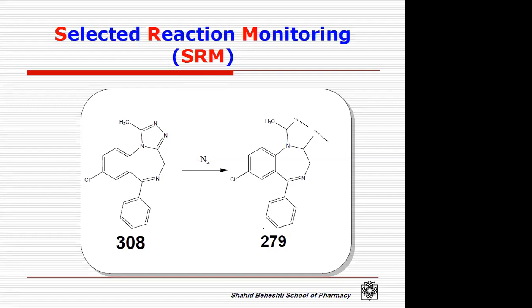Since the molecular weight of the mother molecule is 308, after losing a nitrogen molecule, it changes to 279. This is the characteristic of this molecule. No other molecule has this characteristic. This transition from 308 to 279 is characteristic of this molecule.